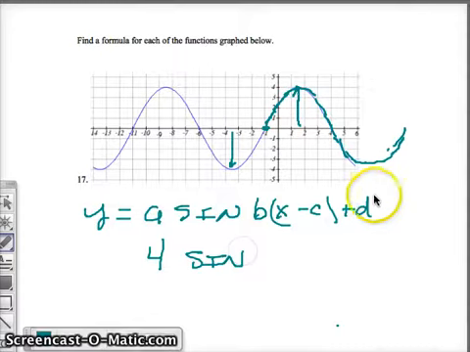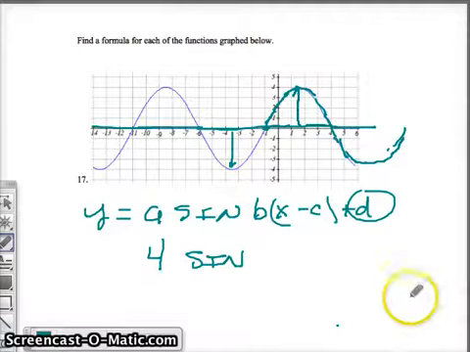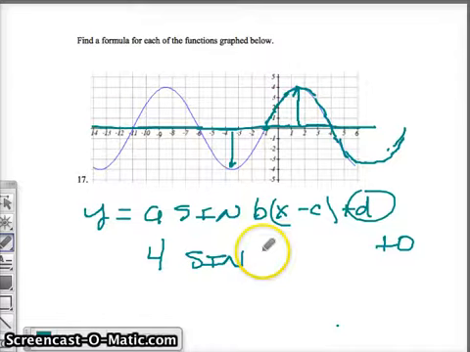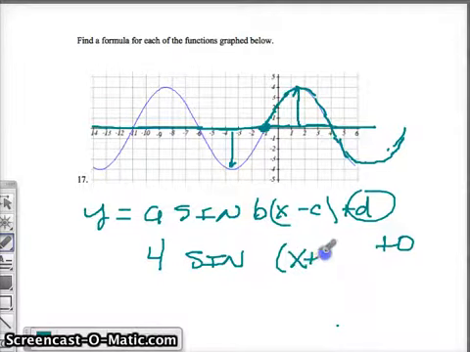Now, let's go to the D over here. What is the midline? Well, the midline is what it normally is, which is the x-axis, so that's just 0. Plus 0 just leaves that off. And then we have this B and x minus c. Now notice that it starts at -1, so this is going to be x plus 1. The only thing that we really need to do is figure out what goes in this spot right here.